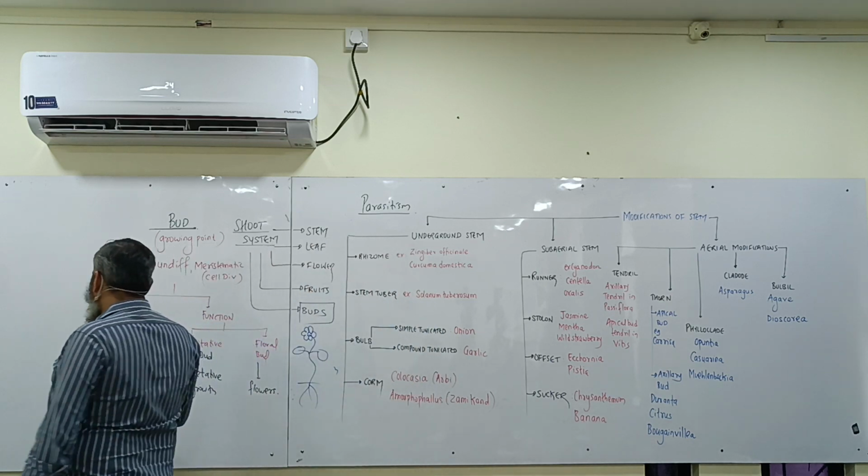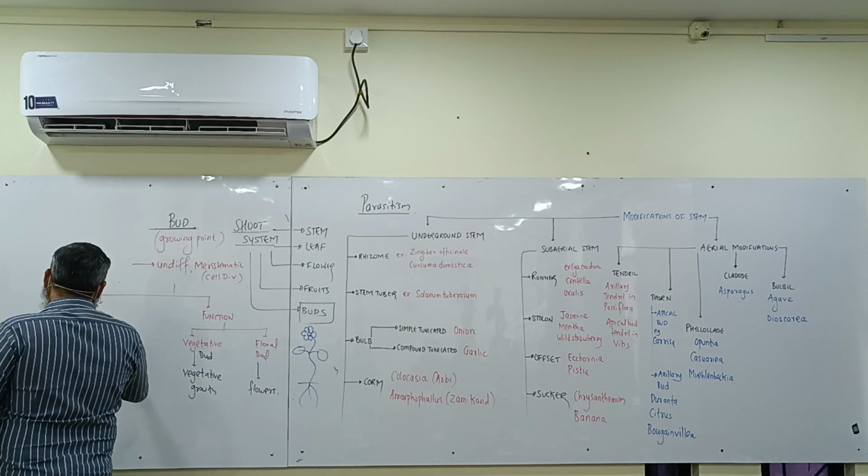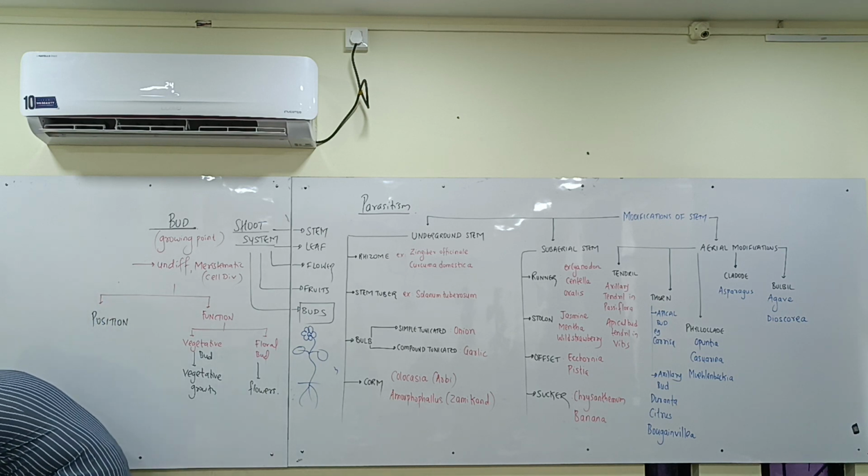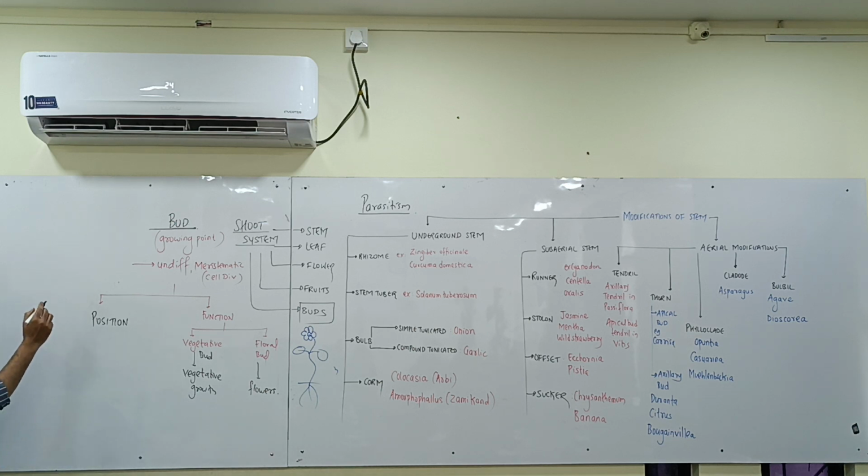Okay? Depending upon the position where the bud is located, you can have different types of buds. Okay? So if you look here, the plant body. I think I told you this before also. This is a leaf.